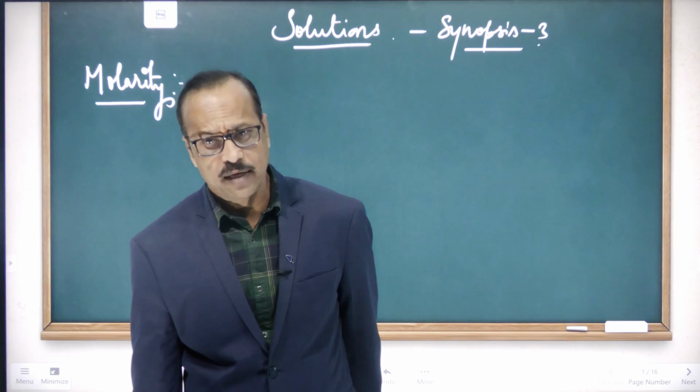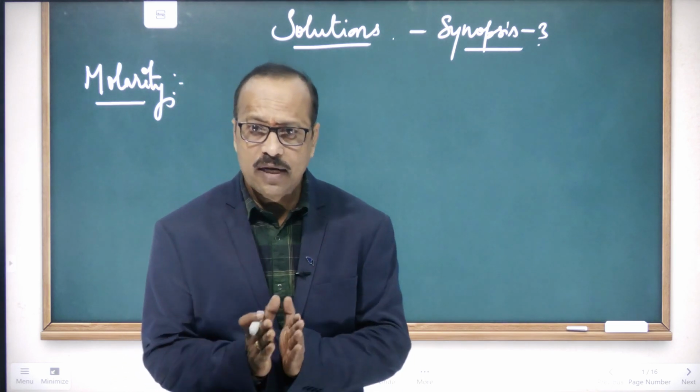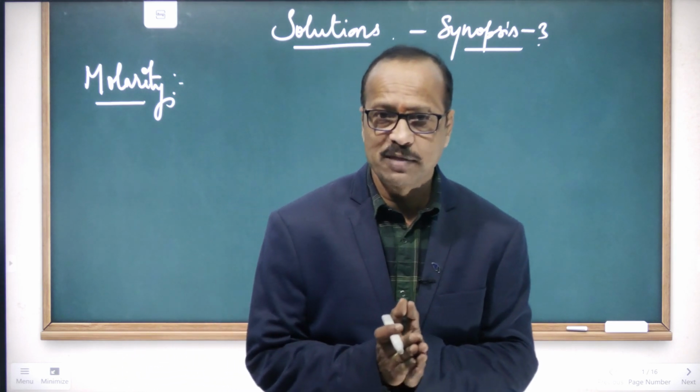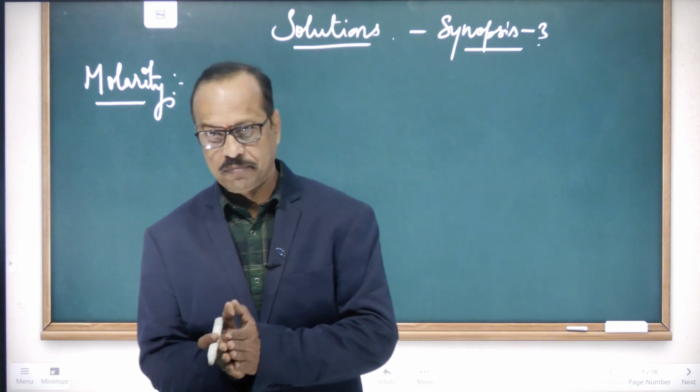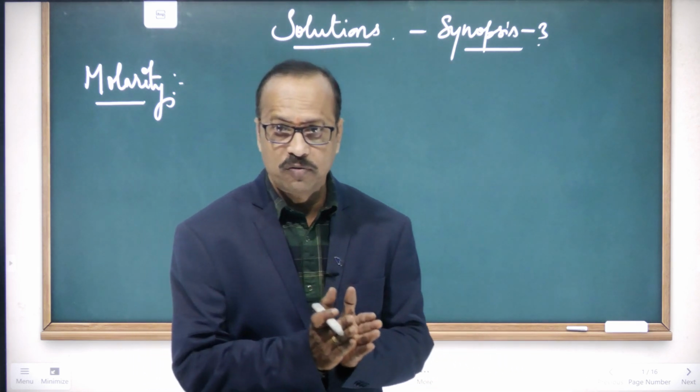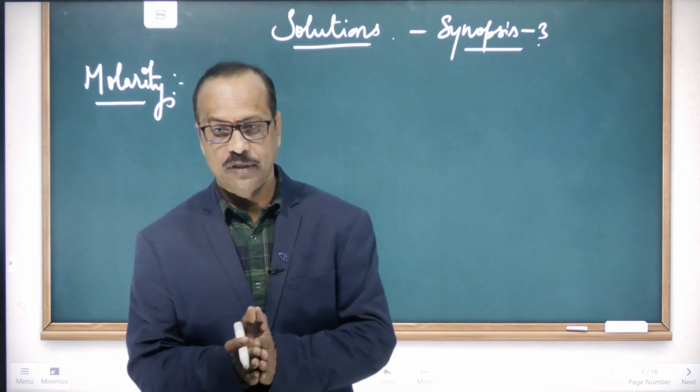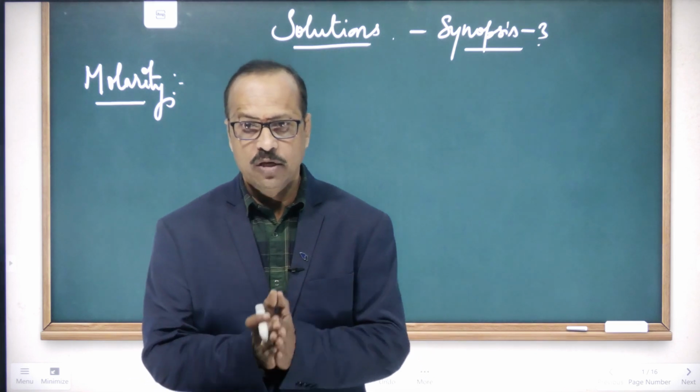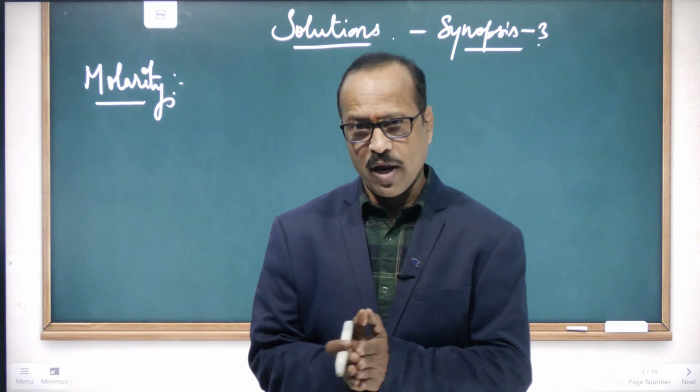So molarity. What is meant by molarity? Students, molarity is one of the methods to express the concentration of the solution, meaning how much amount of solute is present in the solution. That's called concentration. So how can you define molarity?